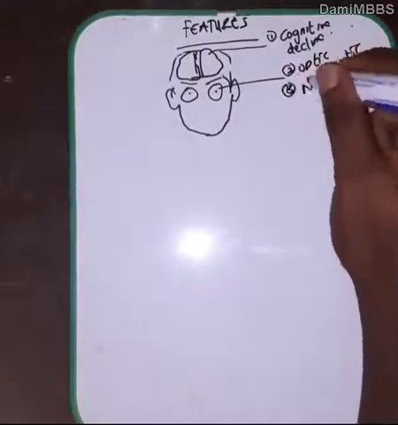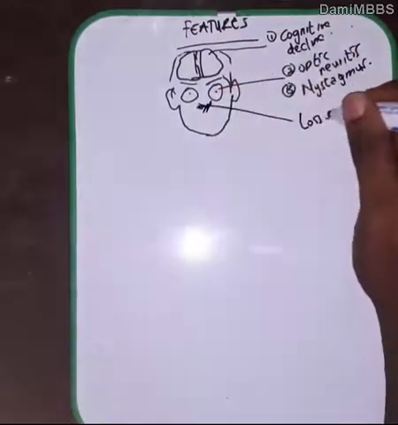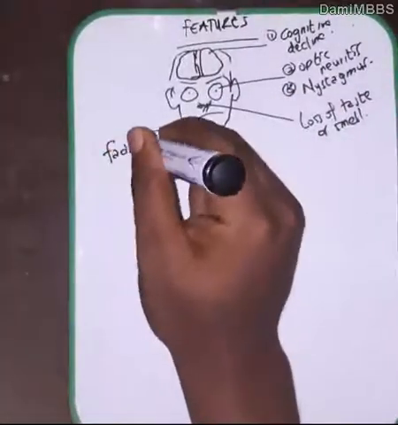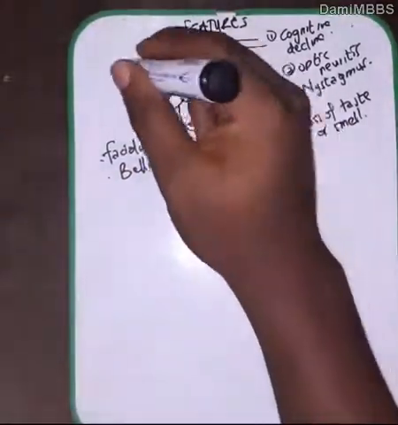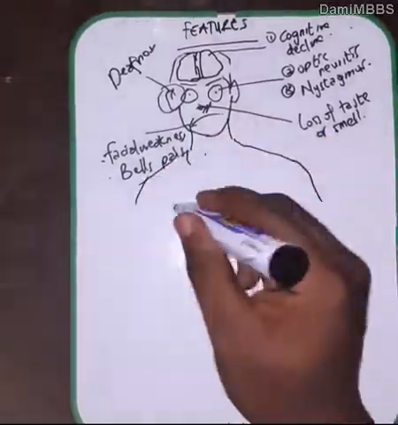Moving to the eyes, they have optic neuritis, they have nystagmus, and to the nose, they'll have loss of smell. They also have facial nerve problems, which will present as Bell's palsy, facial weakness, also deafness.